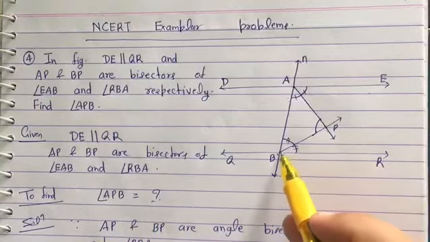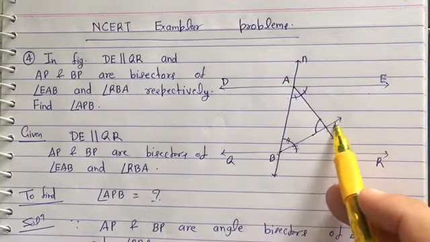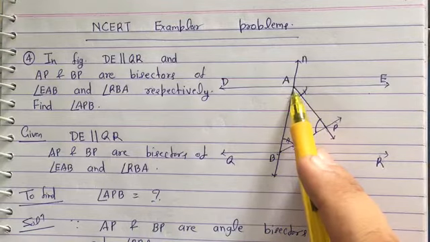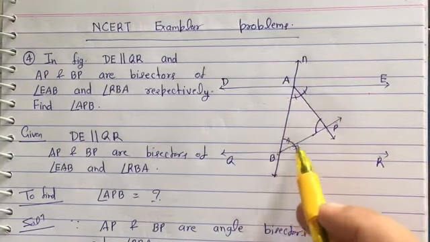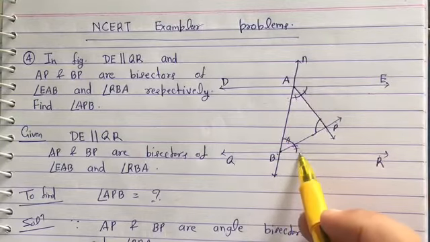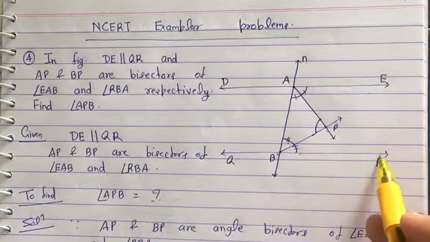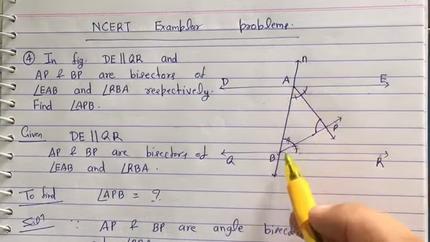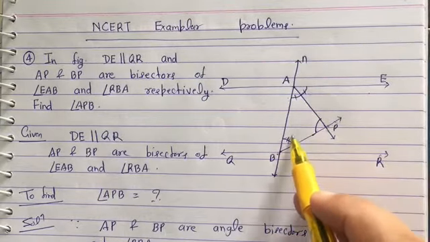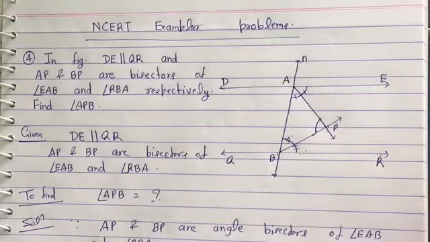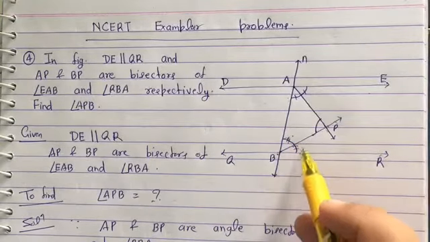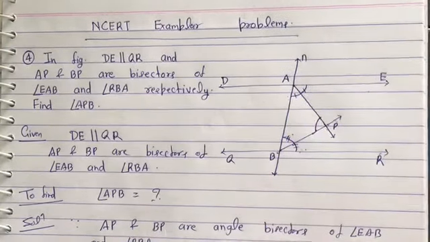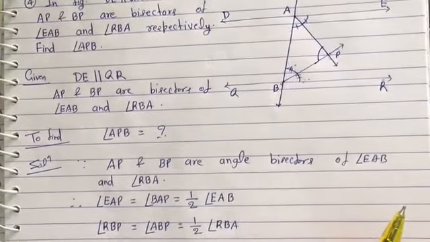Next thing, if BP bisects angle RBA, it also divides this whole angle into two equal parts, angle RBP and angle ABP, this angle and this angle, and both are equal to half of angle RBA. So first of all, we are going to write these things down.